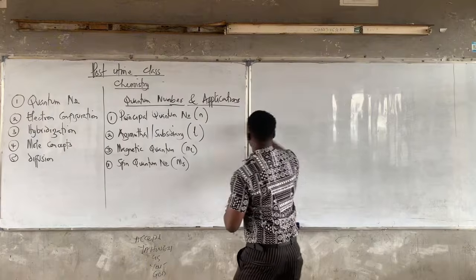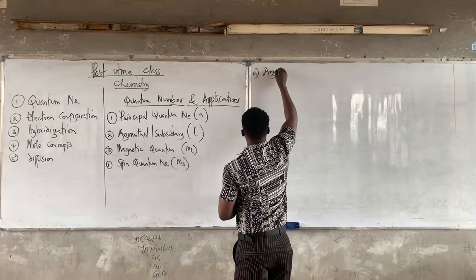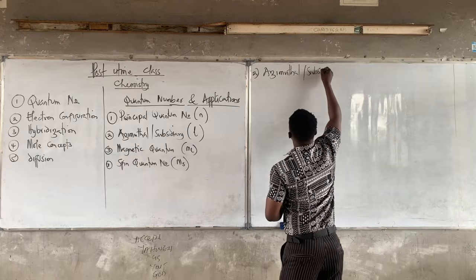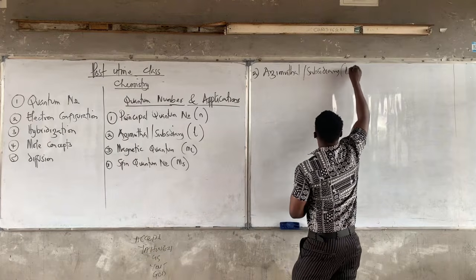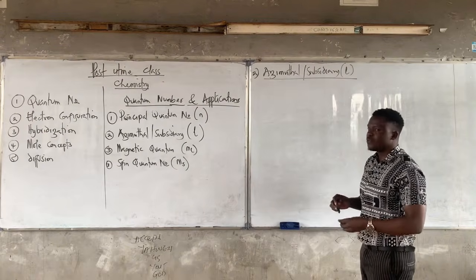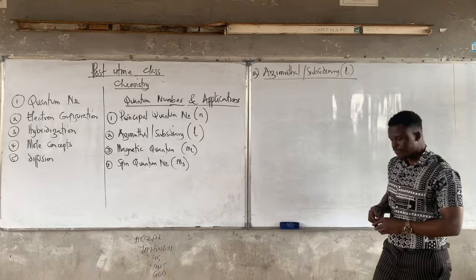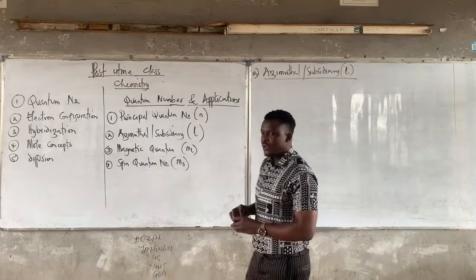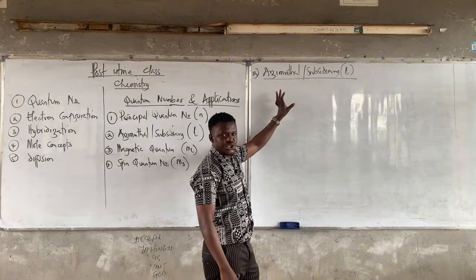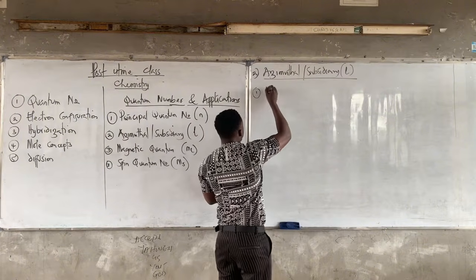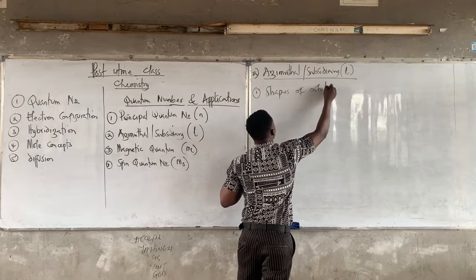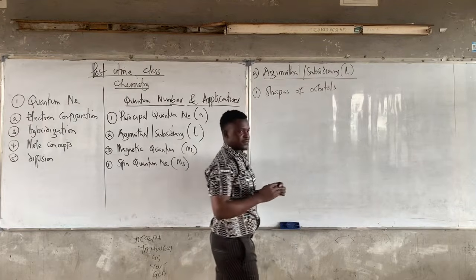Let's look at the next one, azimuthal or subsidiary quantum number. Please put down. This quantum number describes the shape of orbitals.